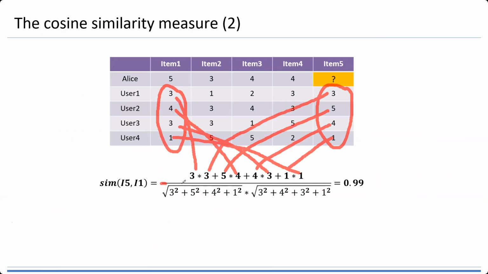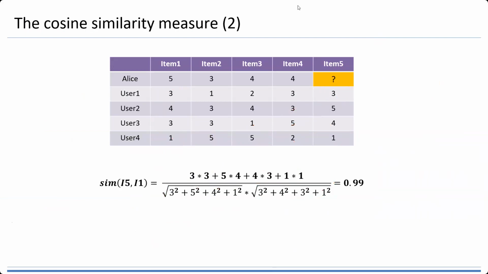And then divide by the square root of 3, 5, 4, and 1, all to the power of 2, and then 3, 4, 3, and 1, all to the power of 2.